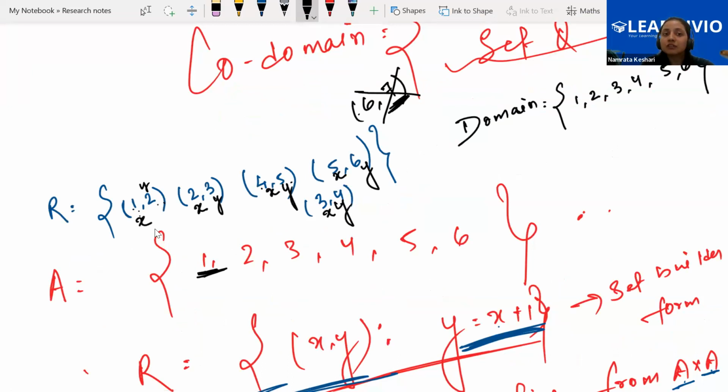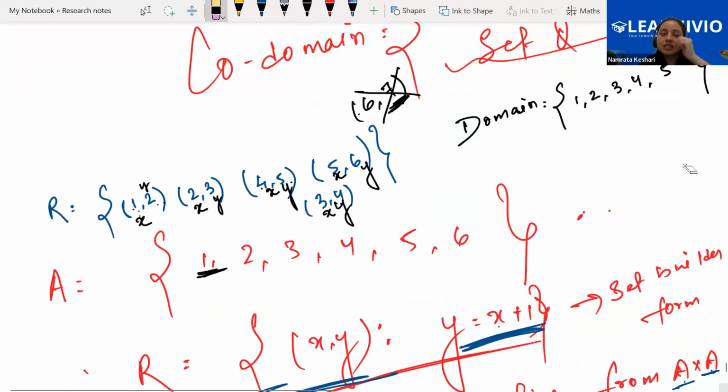The domain is the set of all inputs. Input 1 is generating the output 2. 2 is generating the output 3. 3 is generating the output 4. 4 is generating the output 5. 5 is generating the output 6. When we give 6 as input, it is not generating an output from the given set A, so we cannot take it in the domain.